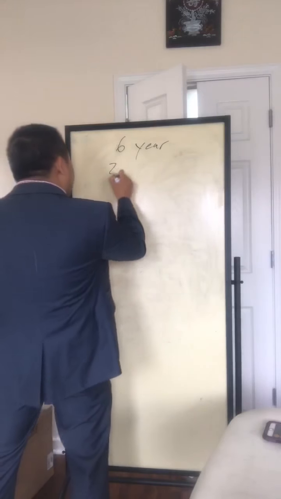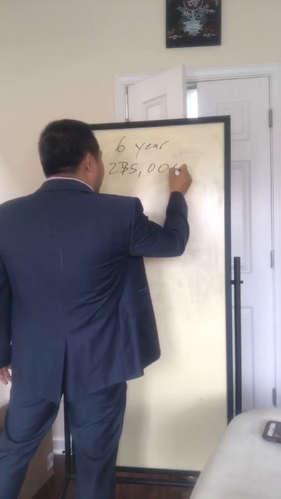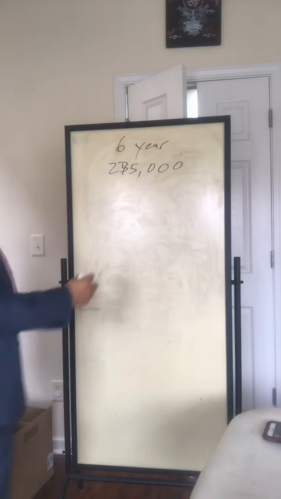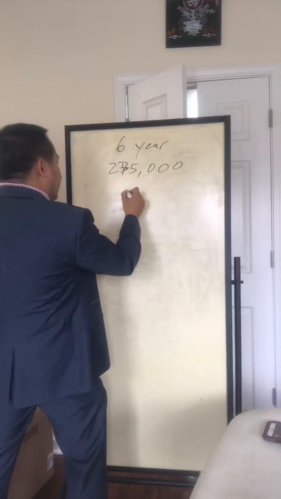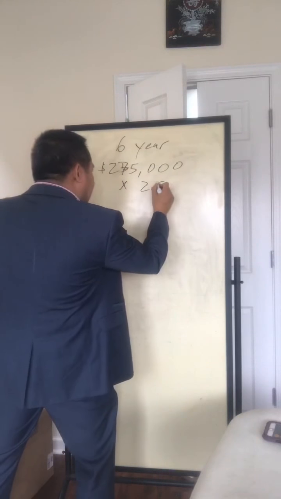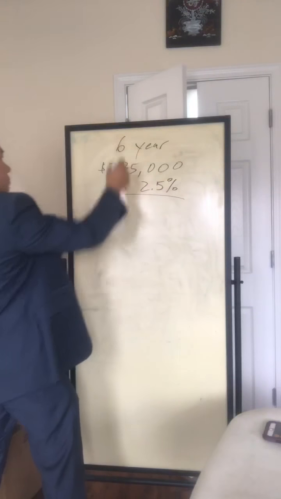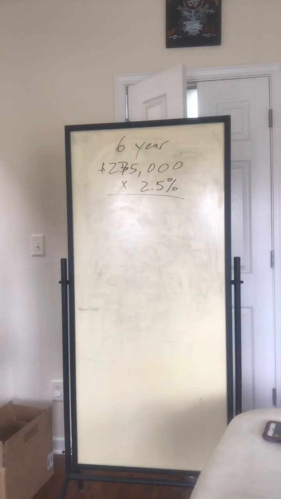I just say 275 per house. Okay, average 275, but some up, some down, right? Then the rate is about 2%, 2.5%, actually 3%. I just said 2.5. So 275 times 2.5% times 6 houses.